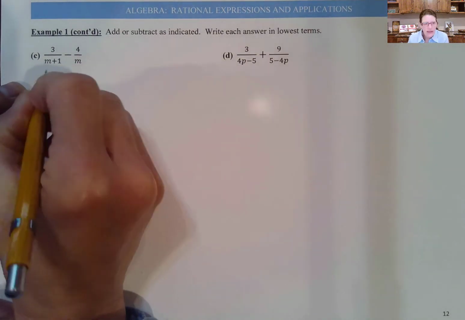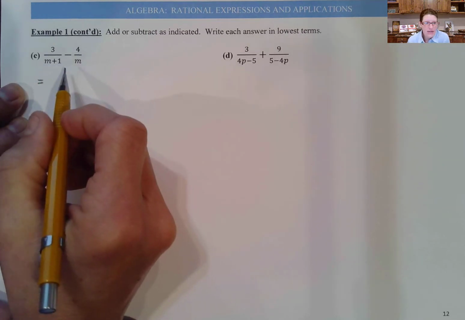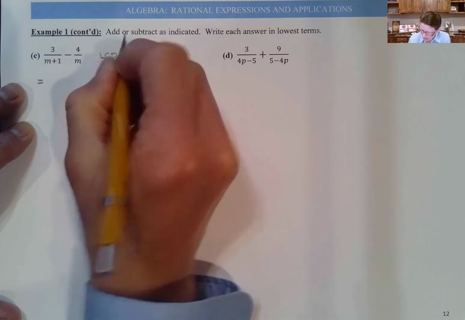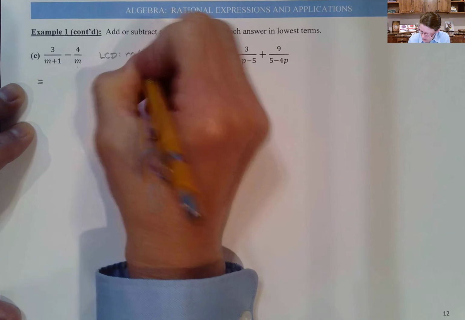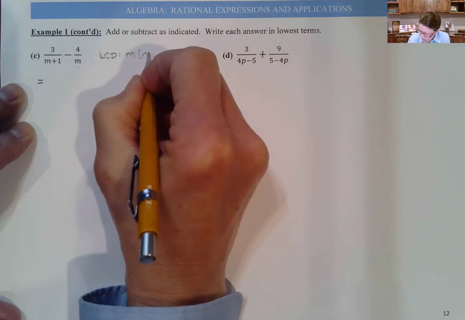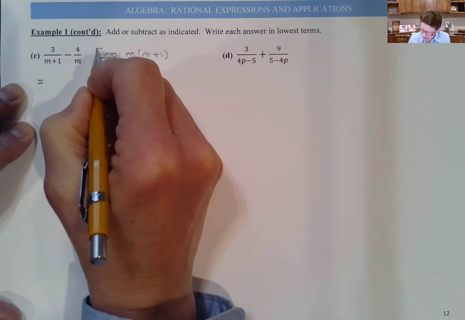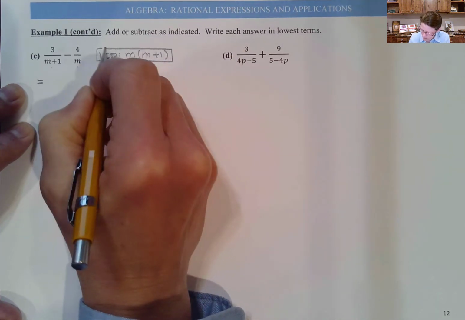In part C, we've got a subtraction problem and the denominators are not the same. Here our LCD is every factor that we see. We see m and we see m plus 1. So our LCD is m times m plus 1.